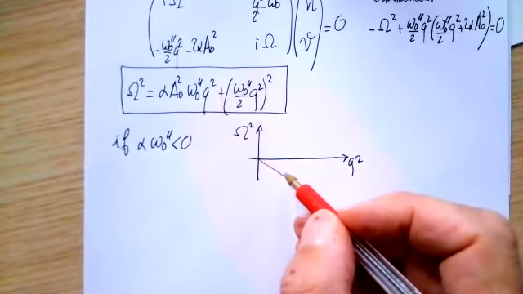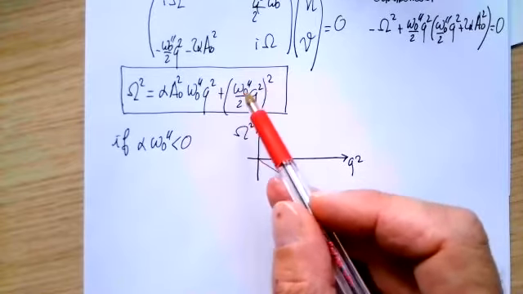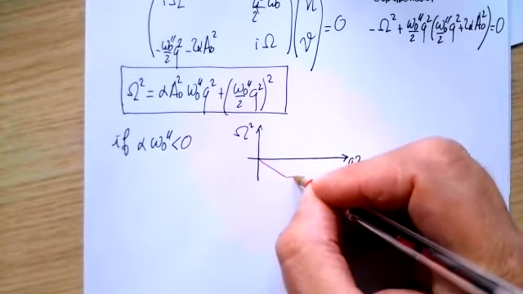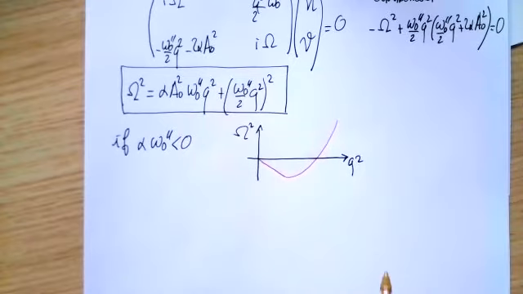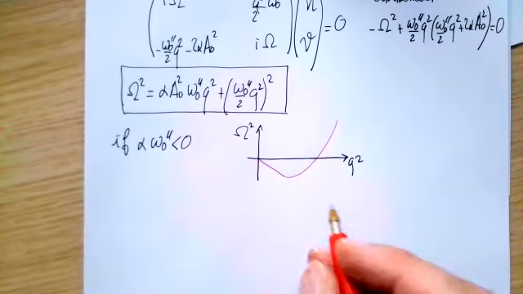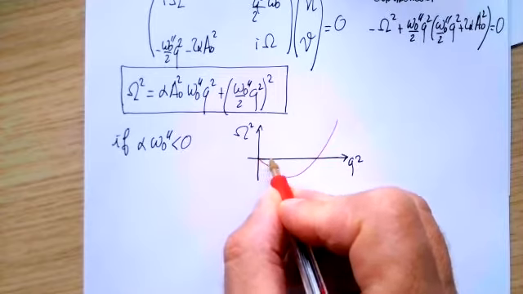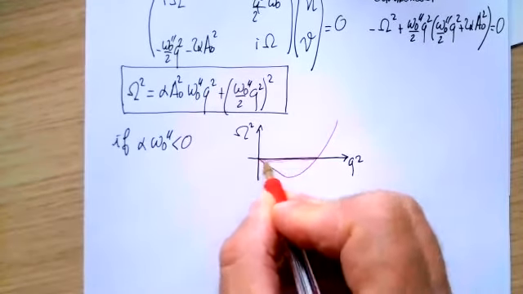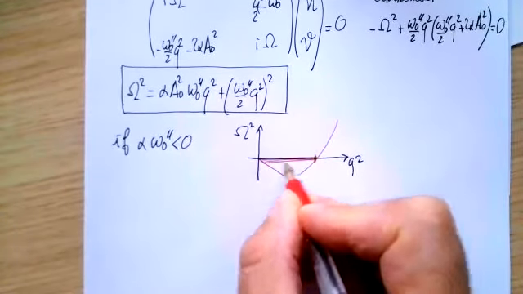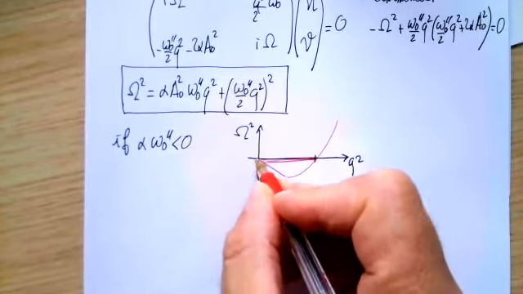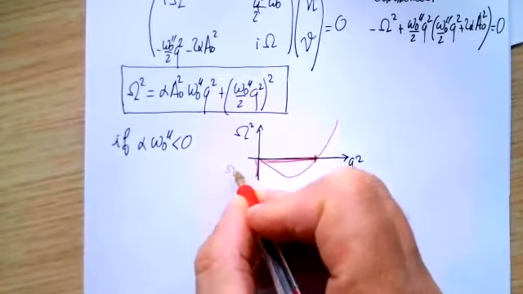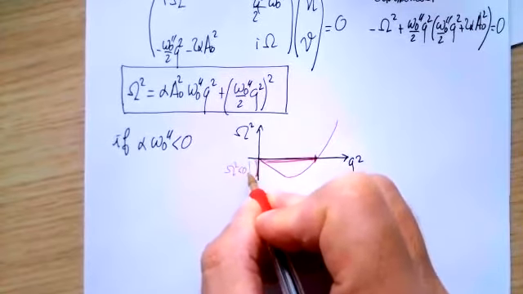And then at large q square, this guy dominates. So you have something like that. Okay. And for all this range of k there, for all these k's there, you have omega square, which is negative.